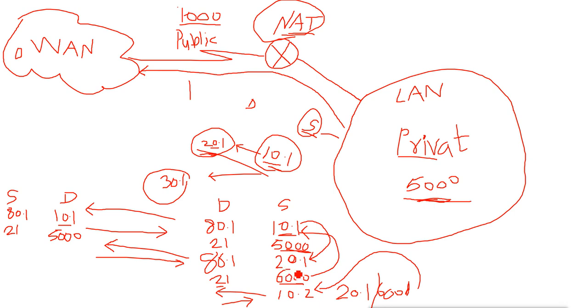It will use the same public IP for all the communications, only changing the port number, and that is why it is called port address translation. So we have NAT and also we have PAT. This PAT is also called NAT overload.